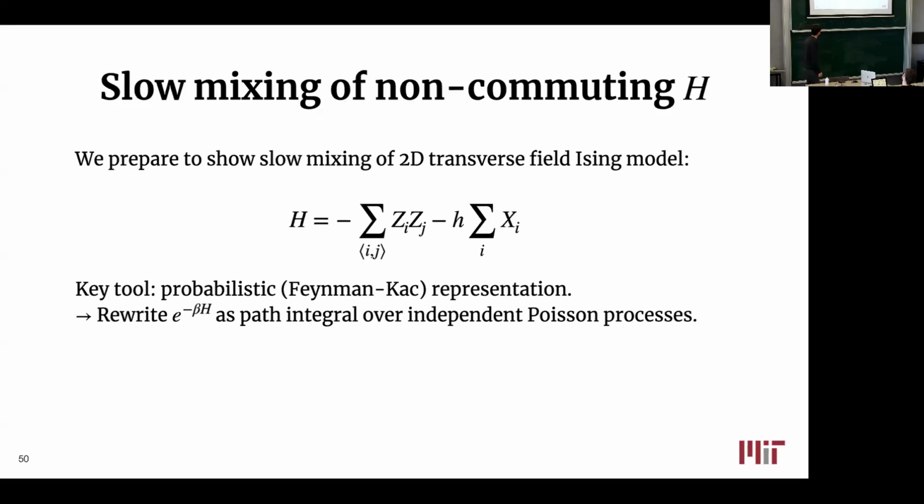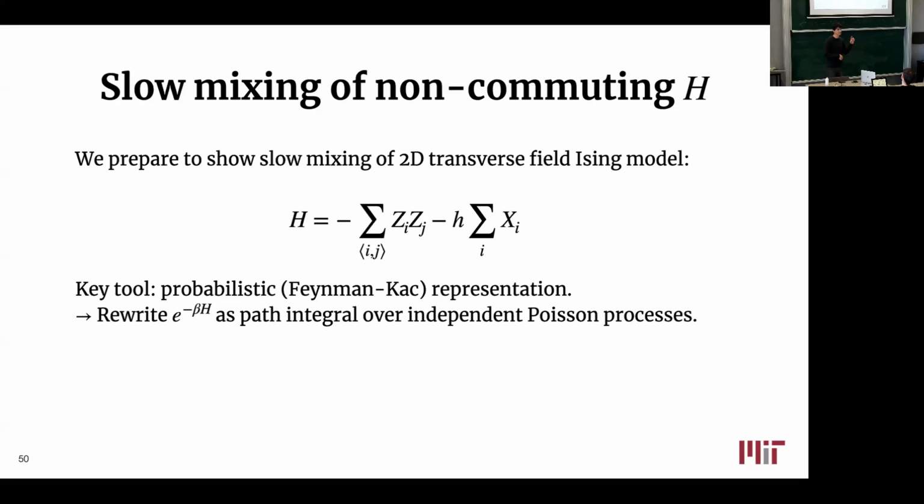So there's a nice tool to use for all of these kinds of stochastic Hamiltonians, where you can write down a path integral Monte Carlo, as some people call it. I think the traditional name might be Feynman-Kac.